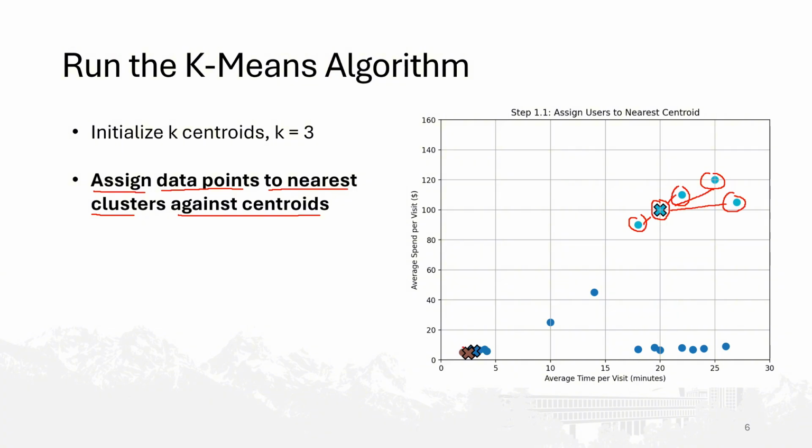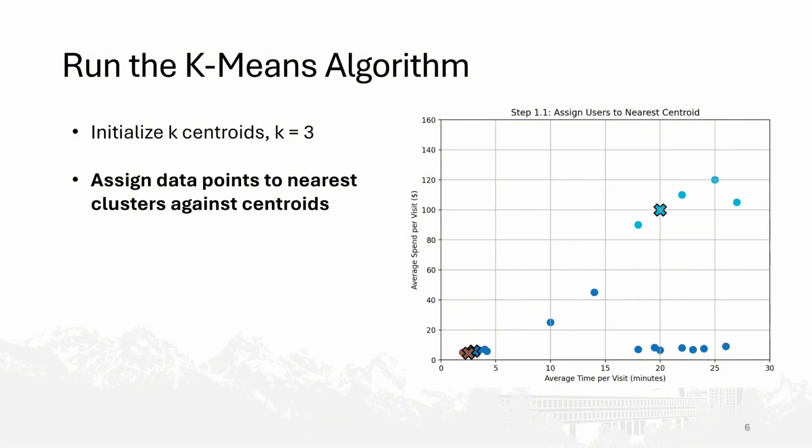And similarly for the others. Also, another centroid, the blue centroid, is here. You can see these data points are closer to the blue centroid. That's why they are all blue. So in summary, we assign the data point to the nearest cluster by using the distance between the data points and the centroids.